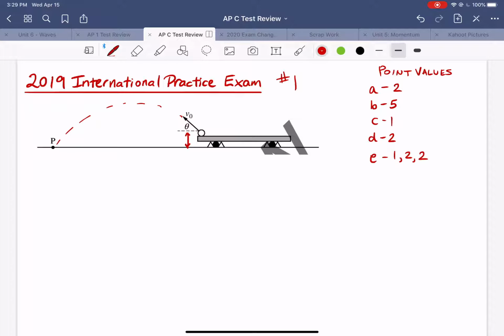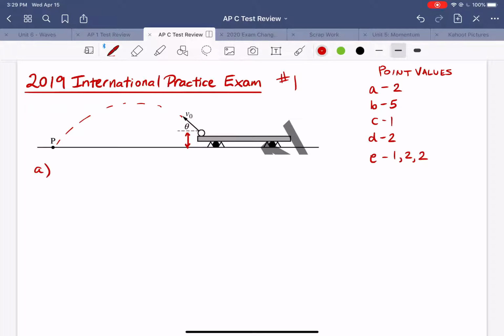All right, so the first question we're given is to derive an expression for the time that it takes the projectile to reach this point P here. All right, so since we're ignoring this little positive vertical offset here, there is a symmetry in the motion. The object is going to have a certain initial vertical velocity, which is v0 sine theta, and it's going to have that same velocity but in the negative direction when it lands.